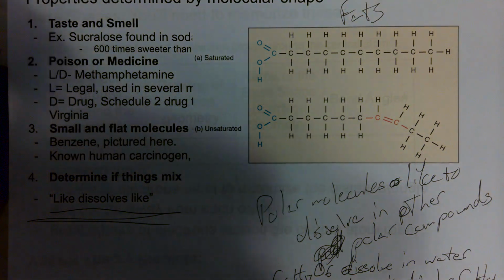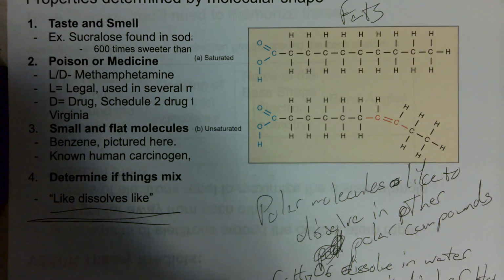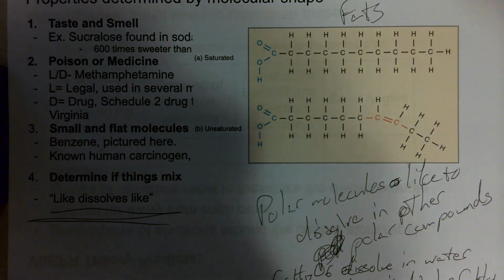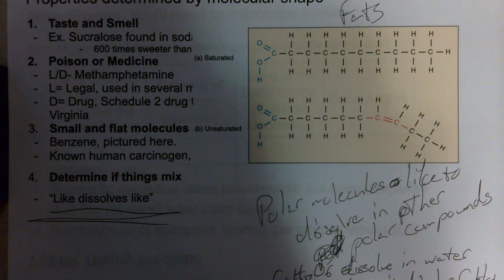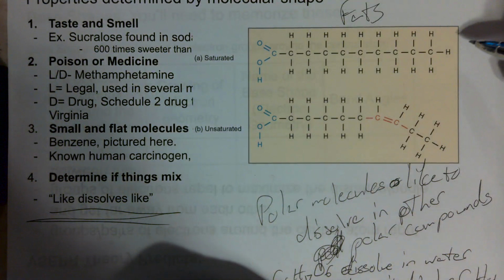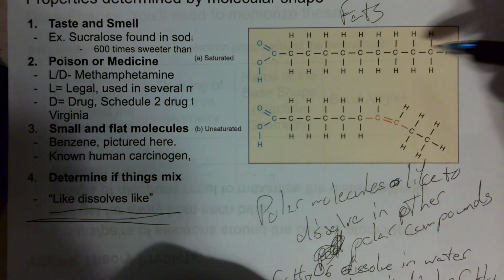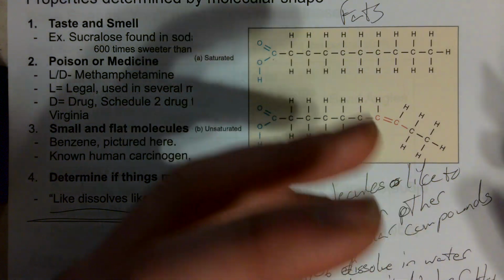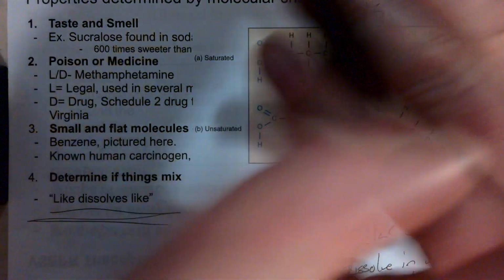Now what happens if I let those saturated fats cool back down to room temperature? They're going to harden back up. They're going to become more solid than a liquid, right? And that's because they can tightly get packed against each other because we have these straight lines of carbon structures. So it's very simple for these fats to just stack on top of each other.